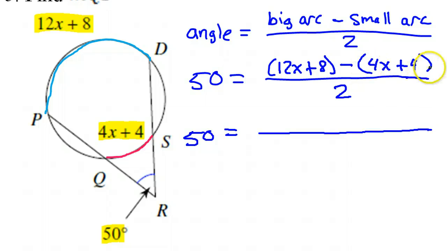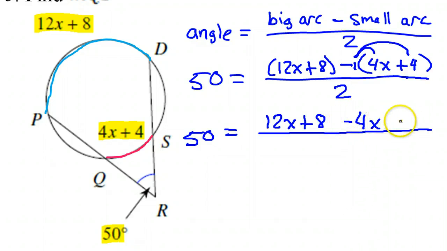If I want to write this without parentheses, there's nothing in front of the first set of parentheses, so I can just write 12x plus 8, no problem. But this, I have to treat it like it's a negative 1, and I have to distribute that negative 1. So this will make negative 4x minus 4. Negative times positive is a negative.